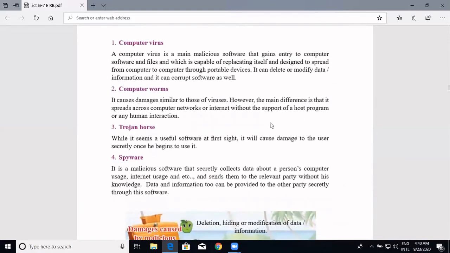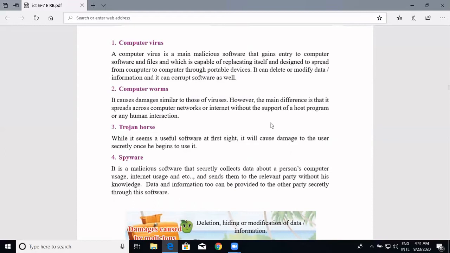So first thing is computer virus. Most probably you may have heard this word. In grade 6 also I explained this in brief, right? A computer virus is a malicious software. It will enter your computer and try to replicate itself, right? It is designed in such a way that it can spread from computer to computer, especially through portable devices like USB drives and portable hard disks.